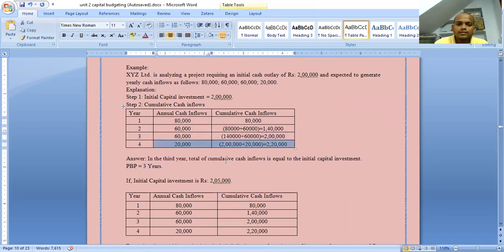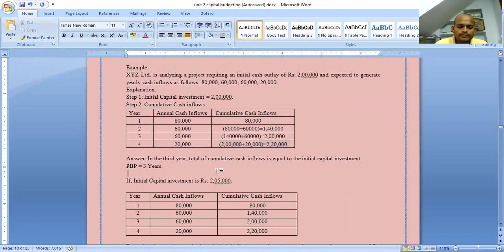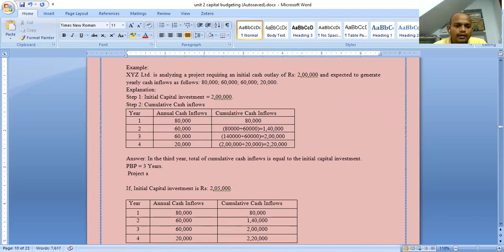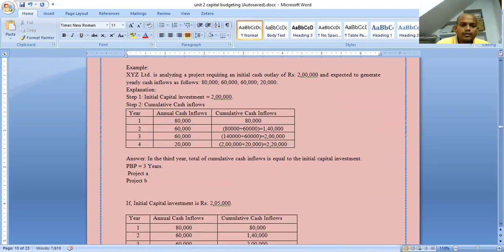Okay, see, we have an option to select project A and project B. Project A generates these cash flows and its payback period is 3 years. Project B generates more cash flows after the payback period.